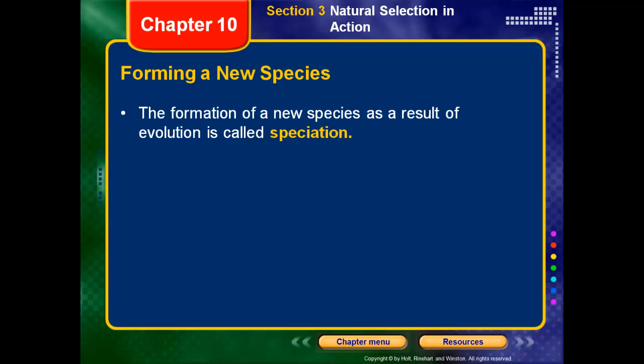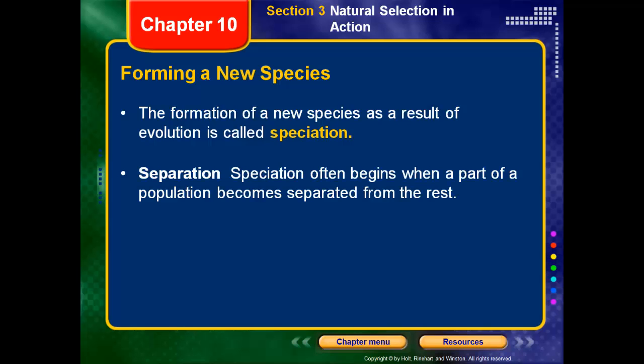So where do new species come from? New species come as a result of a process called speciation. The formation of new species as a result of evolution is called speciation. Now, the first step in speciation is some sort of separation. So you have a population of organisms and a part of that population becomes separated somehow from the rest.